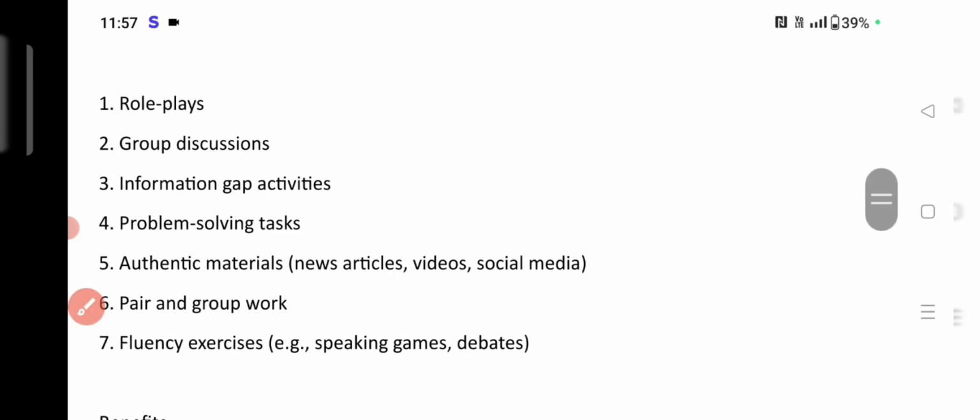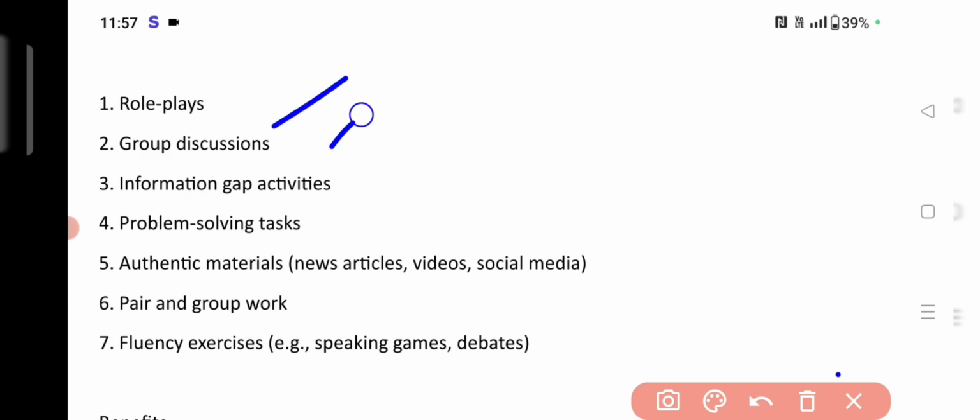What are the techniques? Like previously, we have learned role plays, group discussion, information gap activities, problem solving, authentic materials, pair and group work, and fluency exercises, everything.